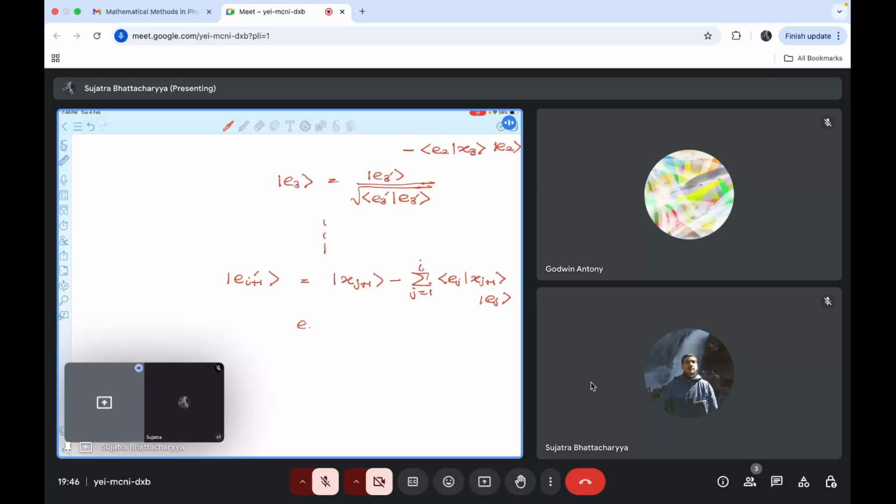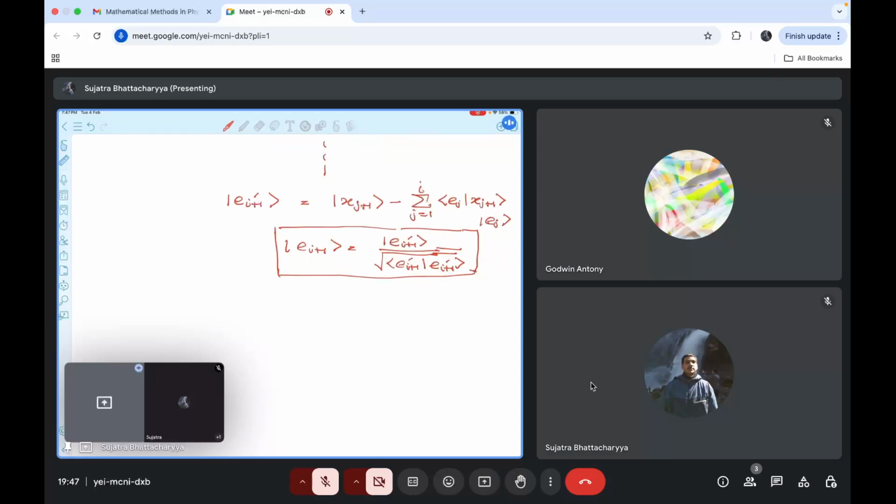Once you have done this, E(i+1), the actual vector, will be E(i+1) dash divided by its norm. So this is just a formulation. I can't explain much of the meaning of this. This is one of the techniques to orthonormalize the vectors.